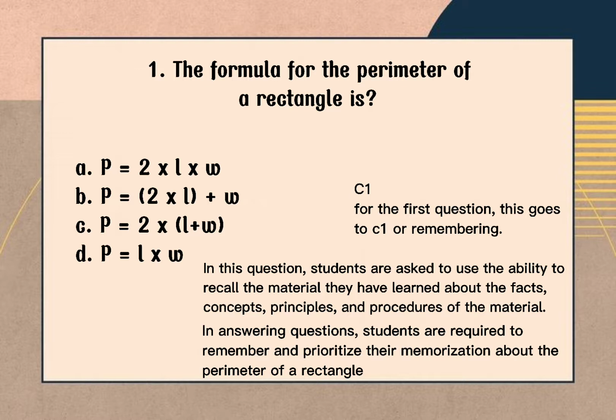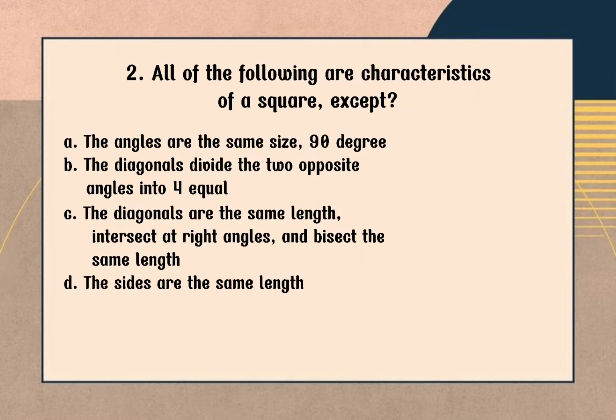In answering, students are required to remember and prioritize their memorization about the perimeter of a rectangle. After remembering the formula for the perimeter of a rectangle, students can answer the first question. The answer is C.